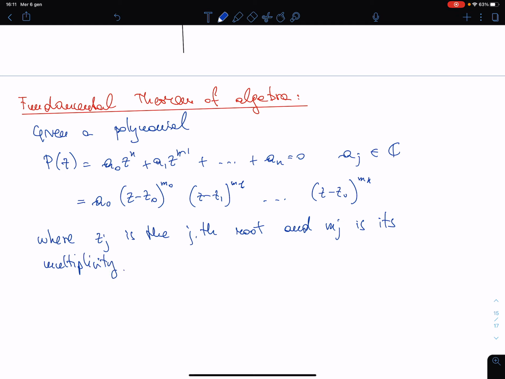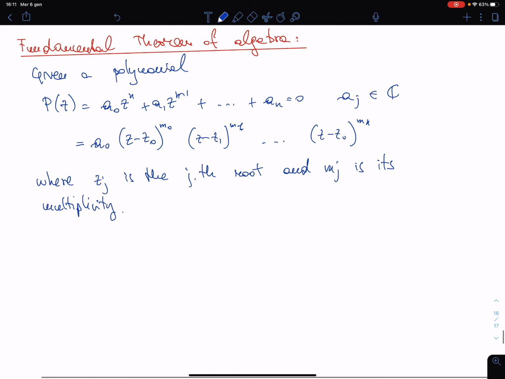So we can say that every polynomial of degree n has exactly n complex roots, and every root must be counted with its multiplicity.